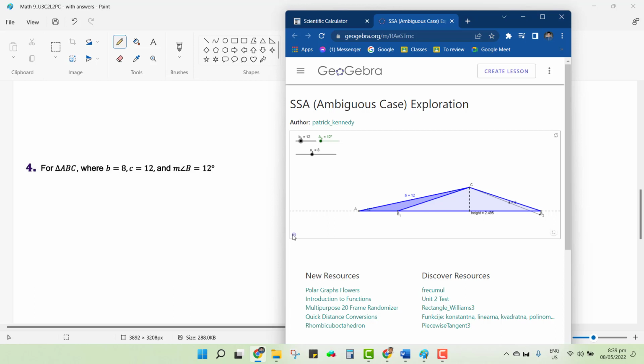This is the largest triangle. But we also have another triangle that can be drawn from it, and that's actually this triangle here, which has a darker shade of blue. So we have two triangles, and in short, we have two situations here.